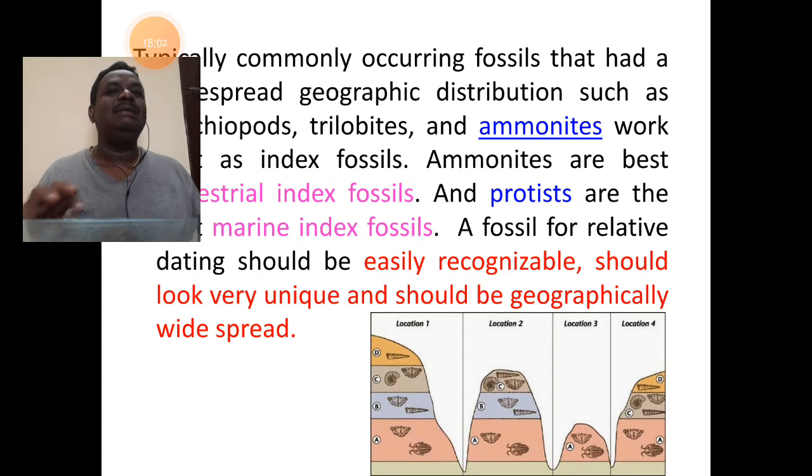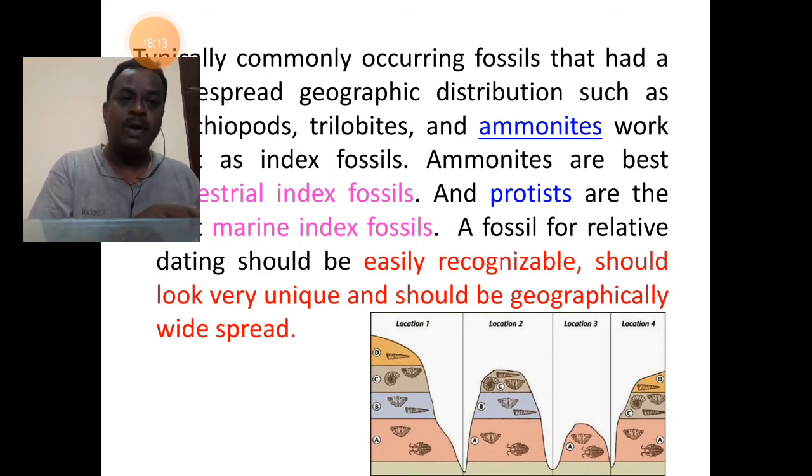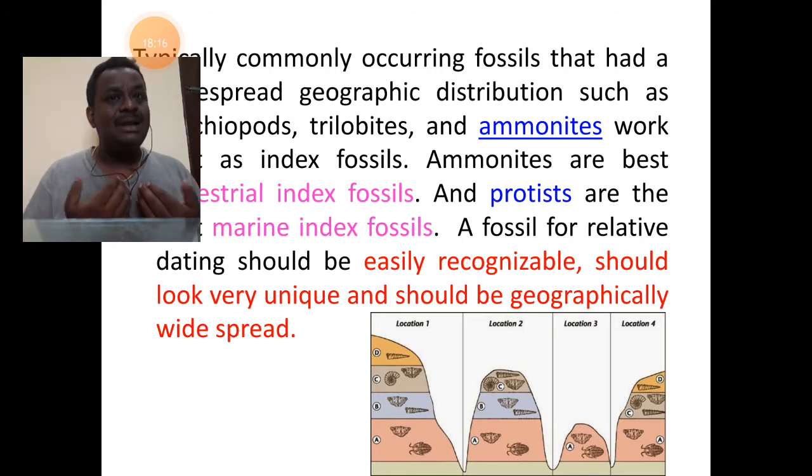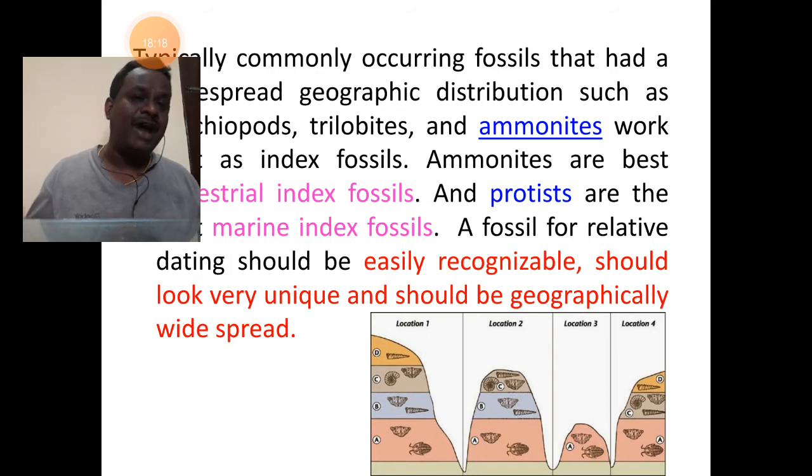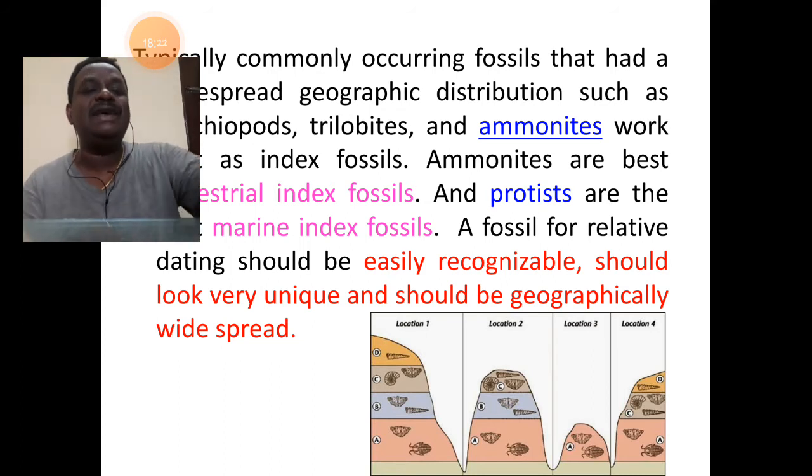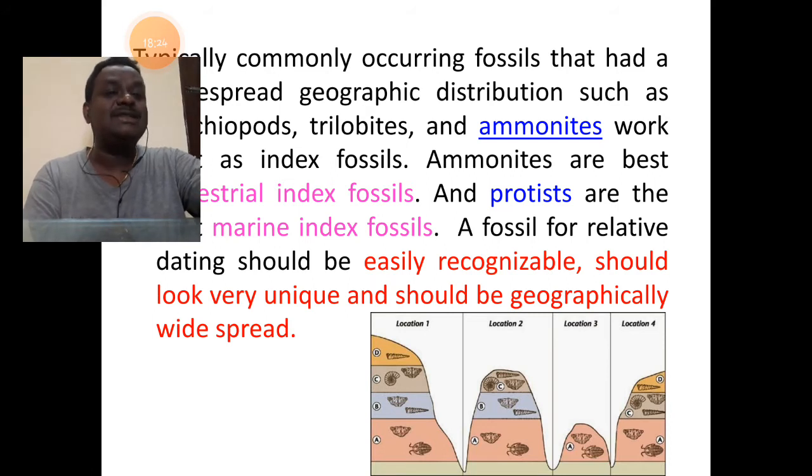Meaning to say, they should have a widespread in the earth layers. So down in the picture, you find certain common organisms in location 1, 2, 3 and 4. Such organisms which are easily recognizable, look very unique and are widespread or common throughout the earth, can be called index fossils or indicator fossils.